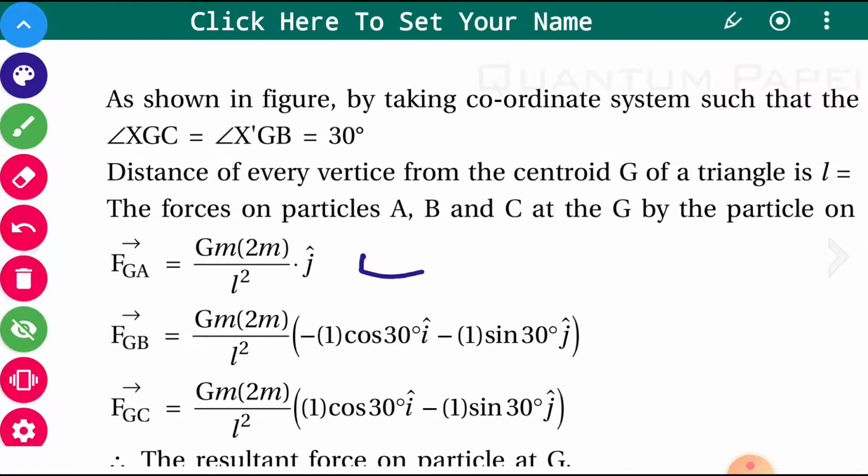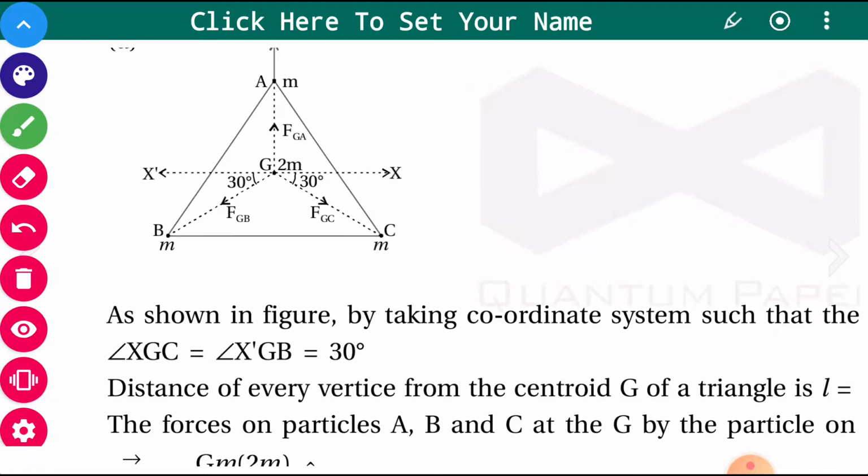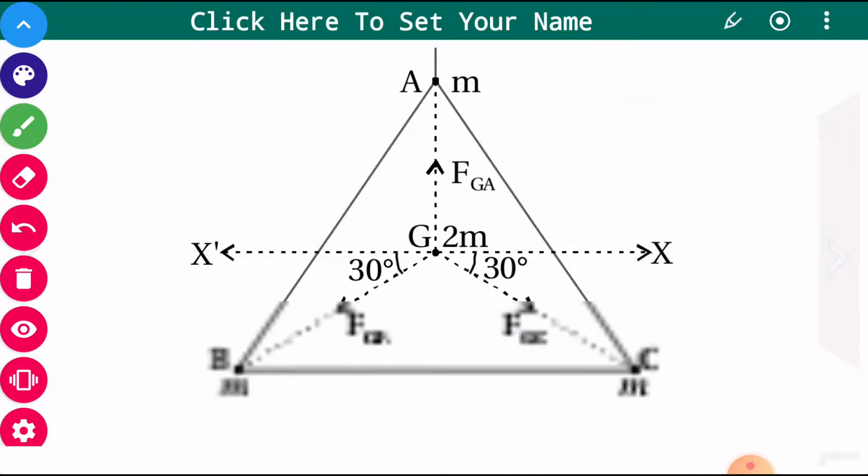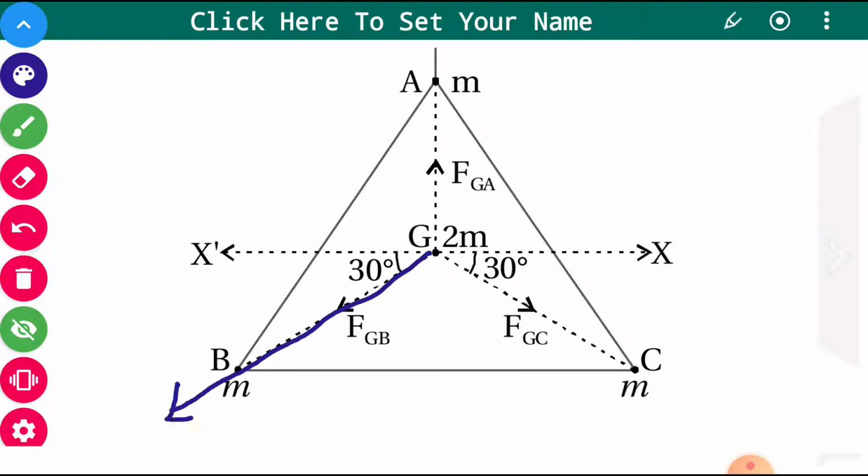Now force on G by B, again try to see it properly. This force is in this direction, and these are the axes. Here the angle is 30 degrees, so the force will have two components, one in this direction and the other in this direction.